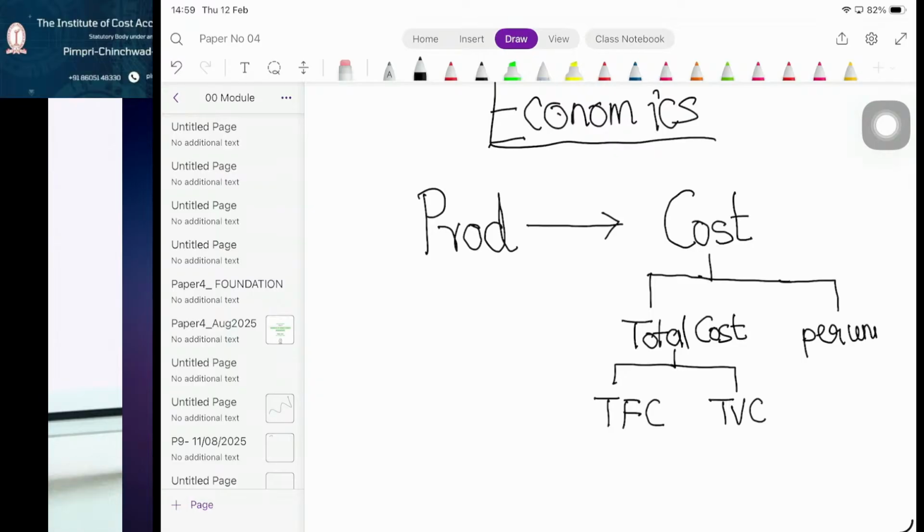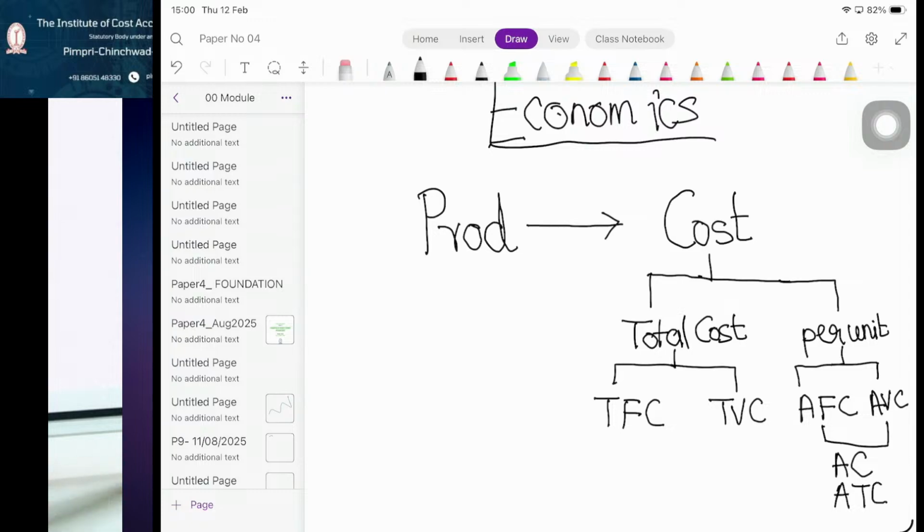For the per unit cost, we have average fixed cost and the average variable cost. The sum of these two costs give us what is called the AC, or some books also write it as average total cost, ATC.